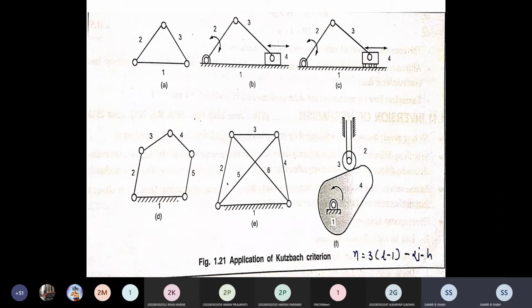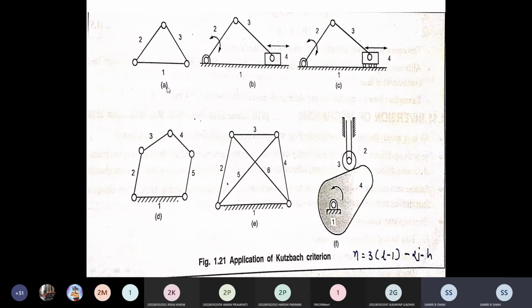You have to find the number of L, the number of J, and if H is present, then H also. And you have to prove how many degrees of freedom there are. I will show you with one simple example so you can understand.